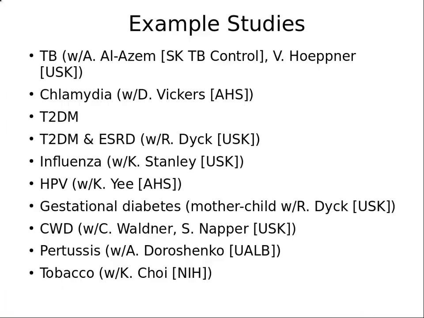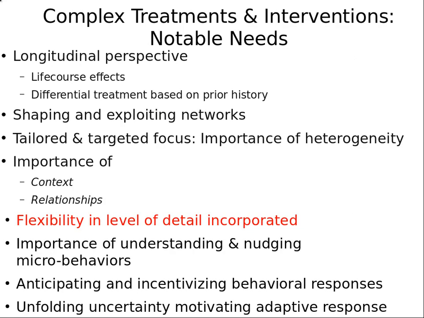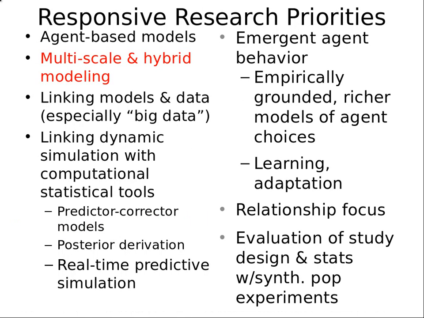So we've applied these strategies across a wide variety of conditions, and these are some that have used agent-based modeling within recent years and span the gamut again from zoonoses to infectious to chronic disease. A second need is with respect to flexibility of detail incorporated in the models. We increasingly make use of hybrid techniques which combine the best of many strategies.